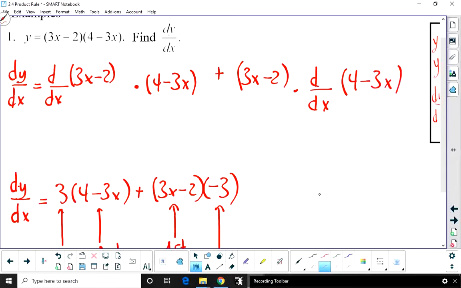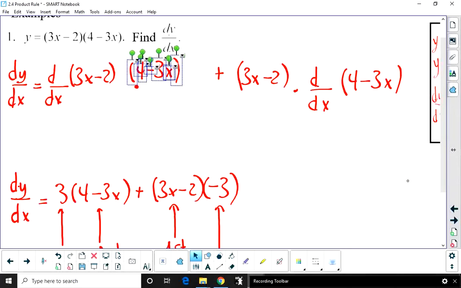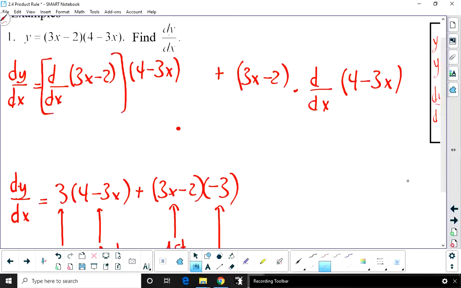Do you see what's going on here? I only offset things here vertically because if I put this 4 minus 3x up on the same line up here, you might think that it's the derivative of both. And there's nothing wrong with putting it up there as long as you do this. Right? There's no need for brackets over here because that thing is out in front. It's almost like a coefficient.